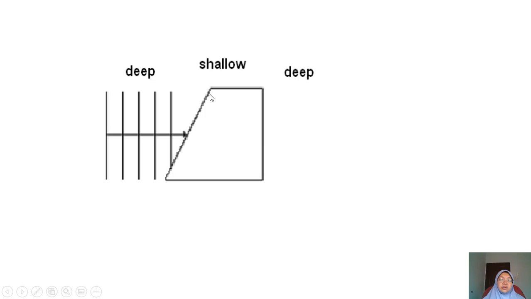Now here we have a boundary, and here is an angle. The first thing we do is draw the normal line, always perpendicular to the boundary, and then it will refract towards the normal line because deep to shallow, it slows down. Now going out again, we draw the normal line. From shallow to deep, it will refract away from the normal line, like this.